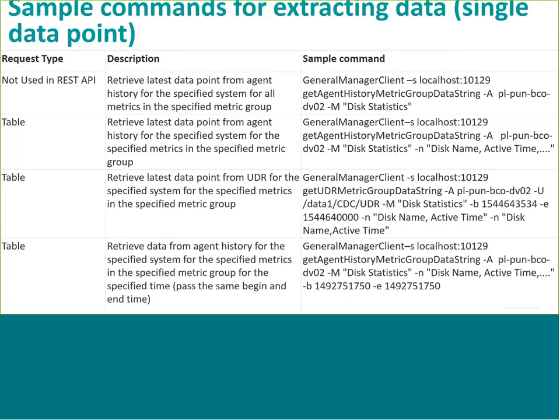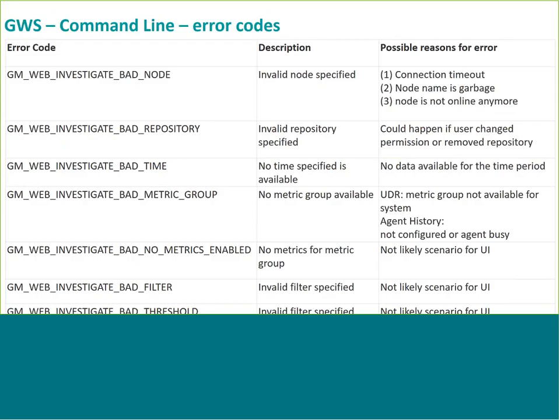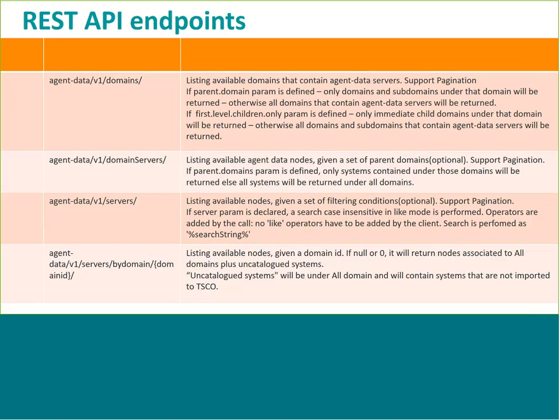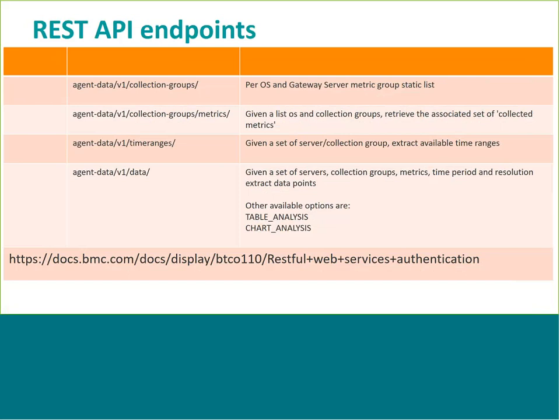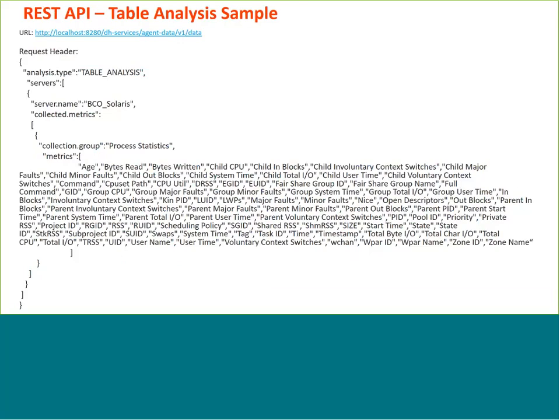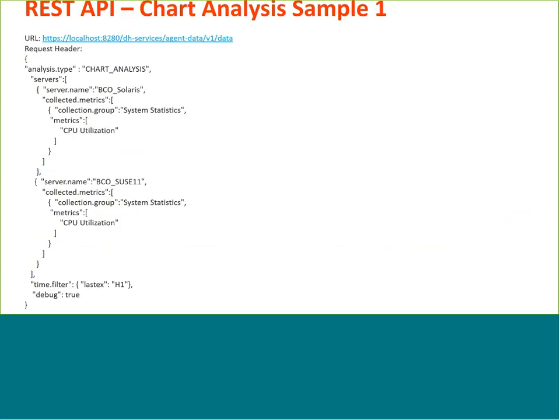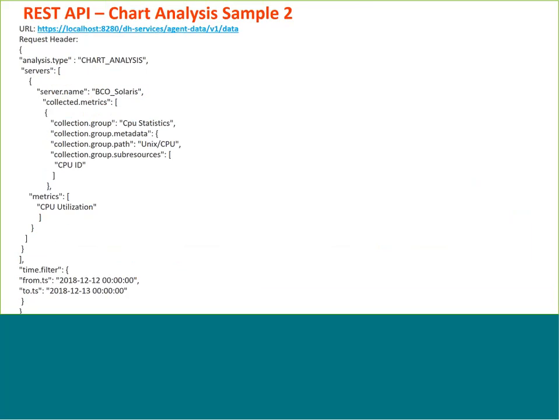In addition, you can use the REST API, and there's some examples that I provide in terms of the REST API endpoints and how to use them, and there's a link to the documentation about the RESTful web services and the authentication. So here's a couple of examples of how to do table analysis and how to do chart analysis using the REST API.